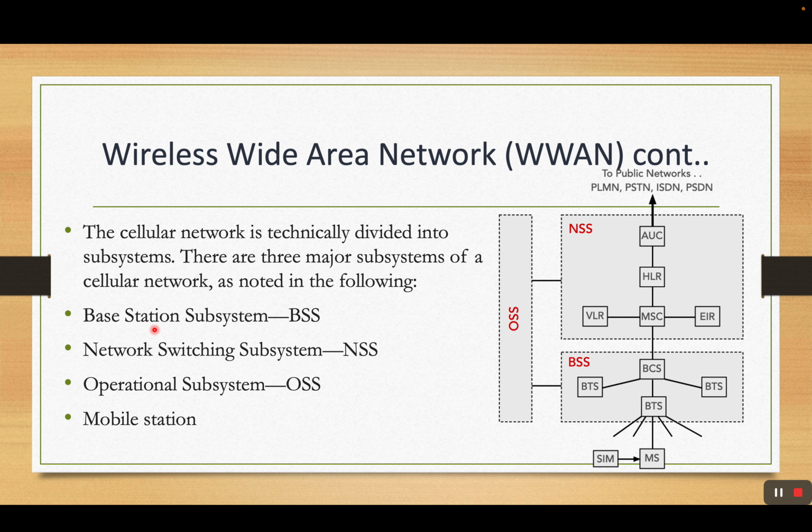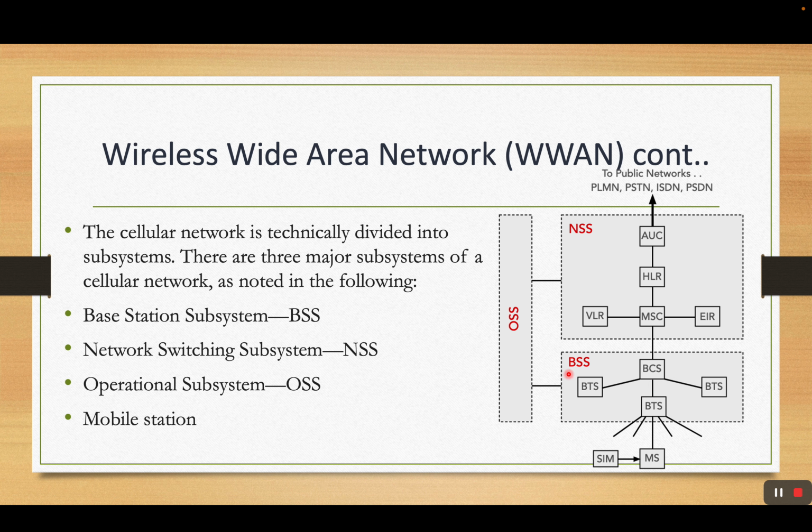So the first one here is the base station subsystem, which deals with the BTS. If you look here, this is the BSS system. It has the BTS, base transceiver station, and it has the BSC, the base station controller.